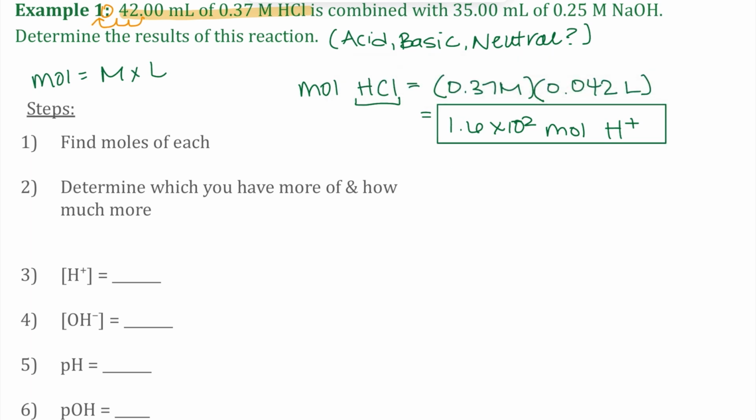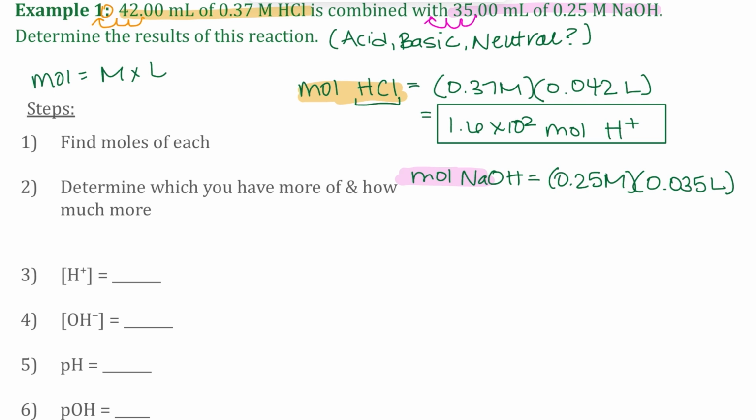Now, as we look at our base, 35 milliliters of 0.25 molar NaOH, I'm going to find my moles of that NaOH. I again need liters, so I move that decimal 1, 2, 3. So moles of my NaOH is going to be molarity 0.25 molar times 0.035 liters.